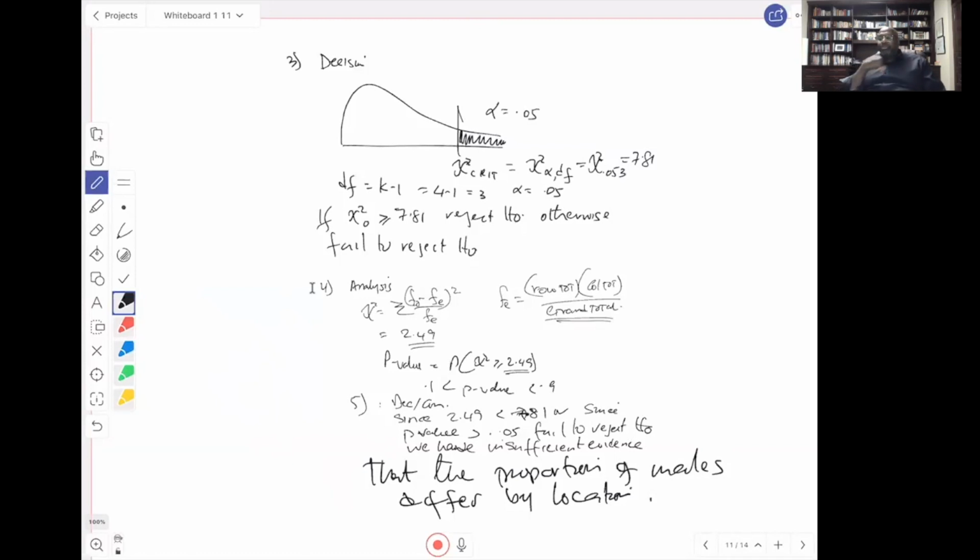I will, like I said, do two examples on test of independence, but the computation is exactly the same. It's just the context. As I mentioned to you, the context in terms of independence is when you have two categorical variables and you have multiple levels in each, like political affiliation and gender.